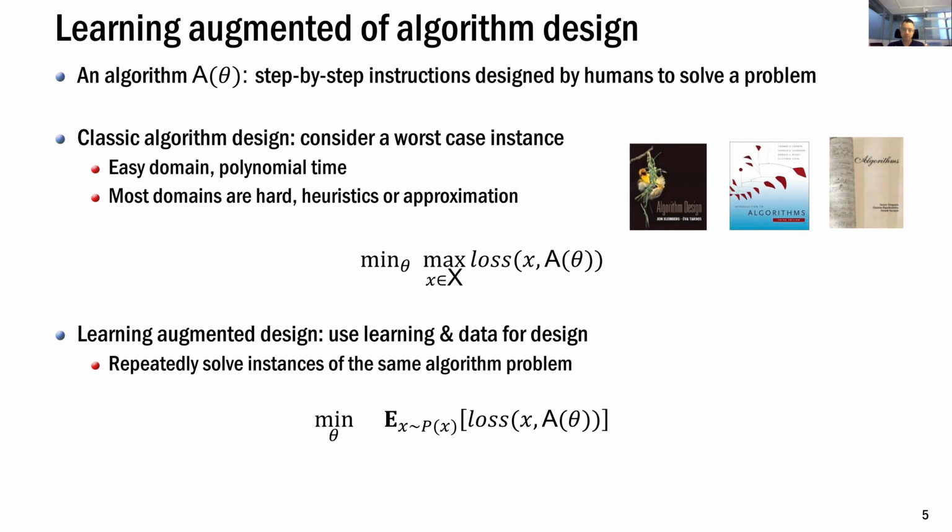Many of the traditional classical algorithm designs try to design algorithms which possibly have some provable guarantee on the worst case performance. But very often in a current industry setting, these combinatorial optimization problems are solved again and again. What you want to do is to leverage the data, maybe a machine learning algorithm, to learn some algorithms which can perform well on this class of problems, or on average perform well.